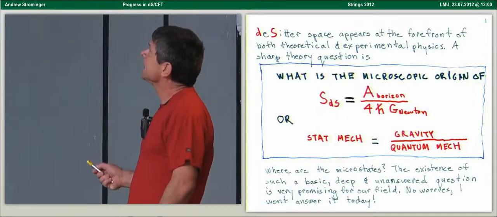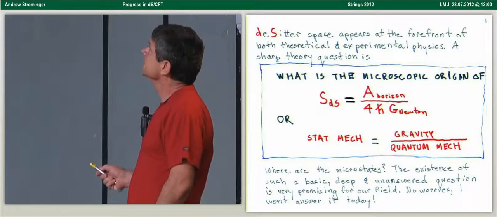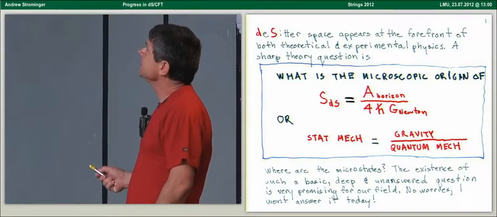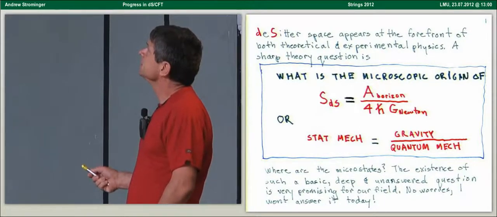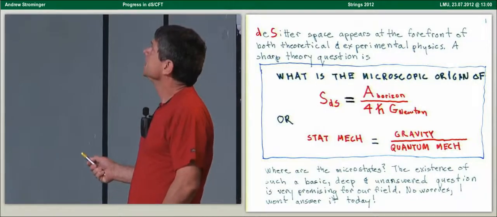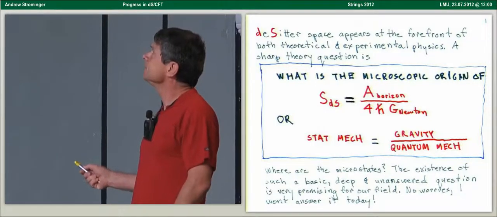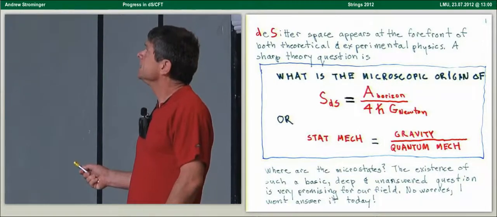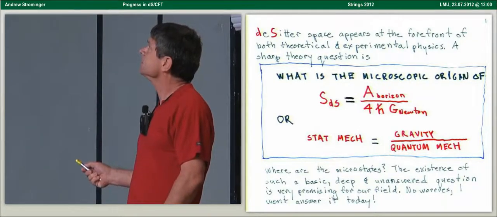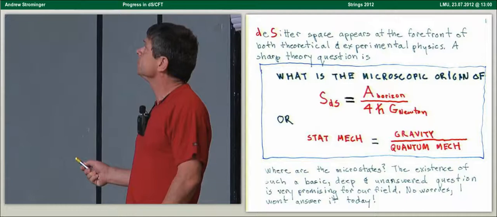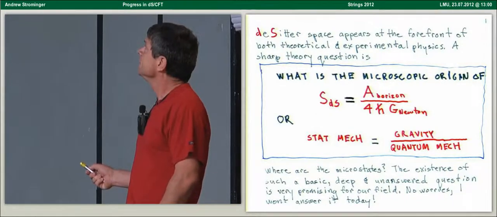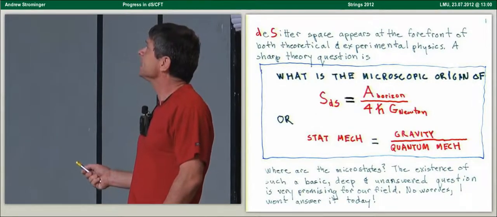Now, this is really kind of an incredible equation, because if you look at it, on the left-hand side is statistical mechanics, and on the right-hand side we have geometry, which is gravity, and the formula becomes divergent when quantum effects are turned off, so it also is linked to quantum mechanics.